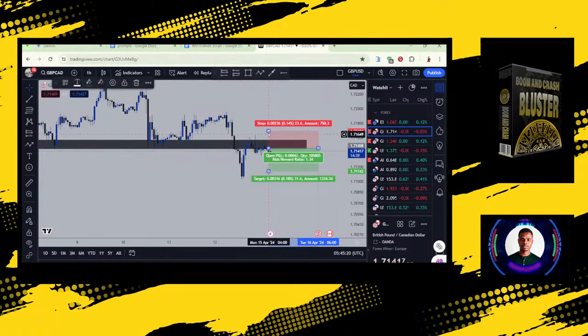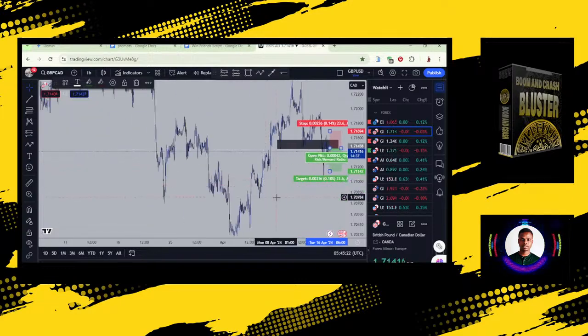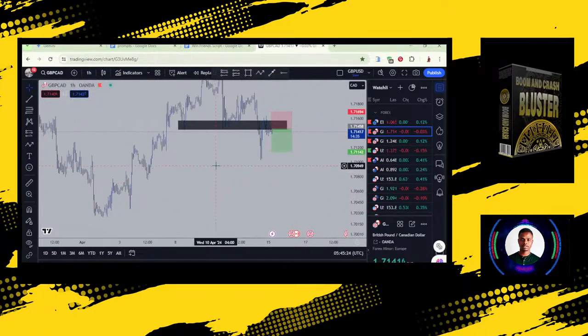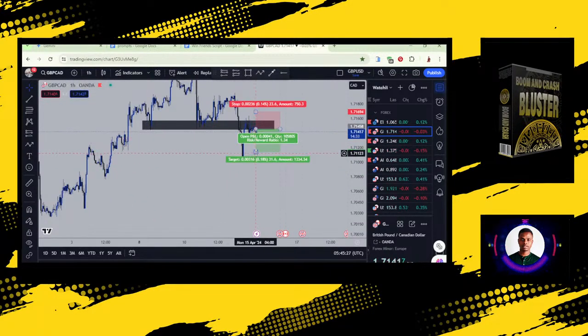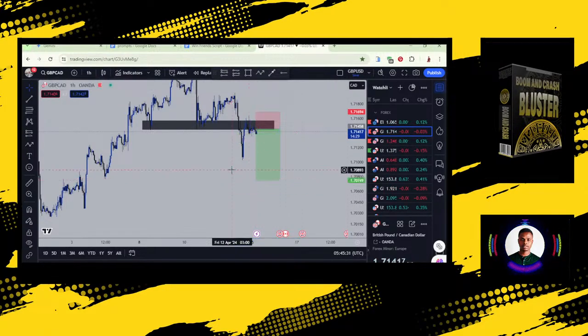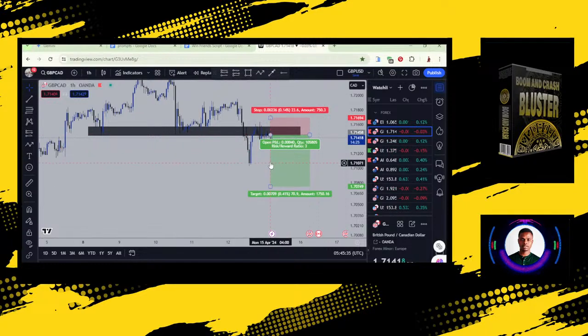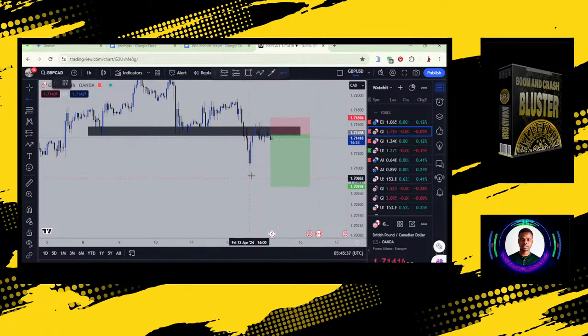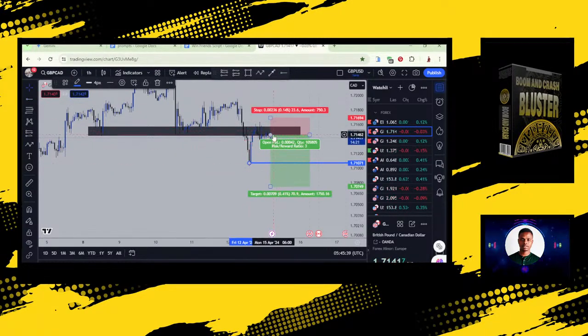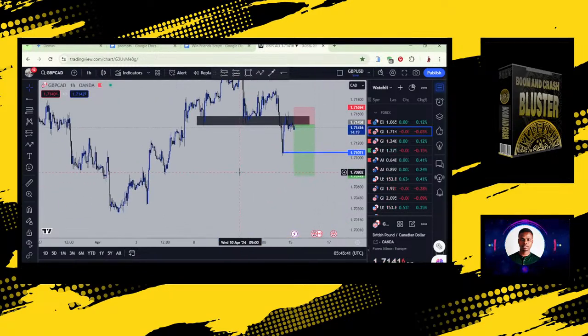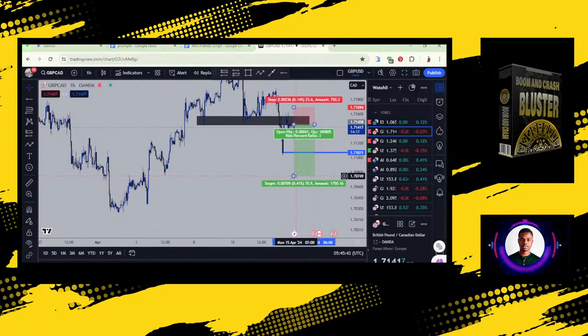So it looks like we've just started the downtrend here, and if this is really a downtrend, I'm expecting the market to at least push to this point right here, giving me a 3-to-1 risk to reward ratio. If the market pushes, and then maybe if it closes below this zone, I'll push my stop loss to break even, and then see if we can get pushed to the downside or even all the way up here.